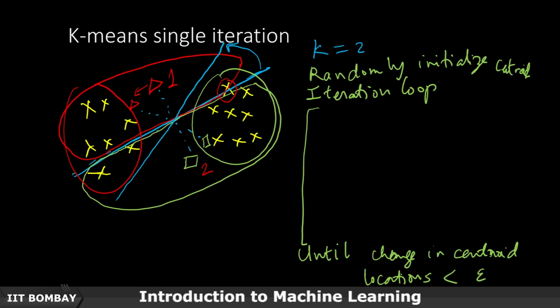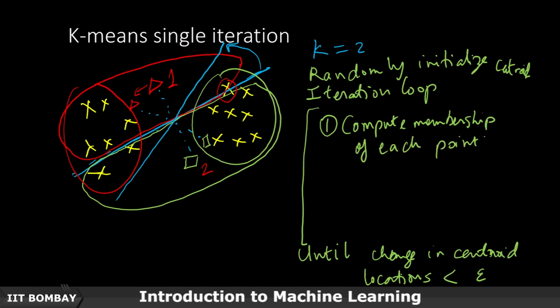Then within the iteration loop, number one, compute the membership of each point. What is membership? We will look at the difference between xi and all the mu j's.